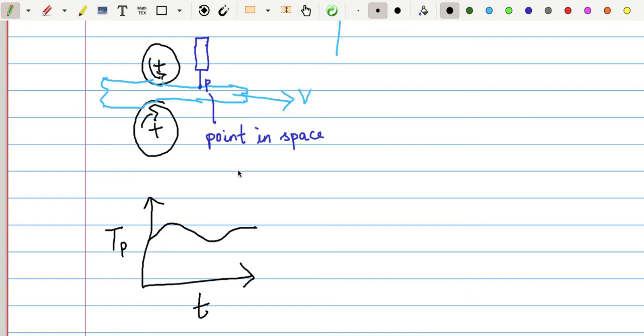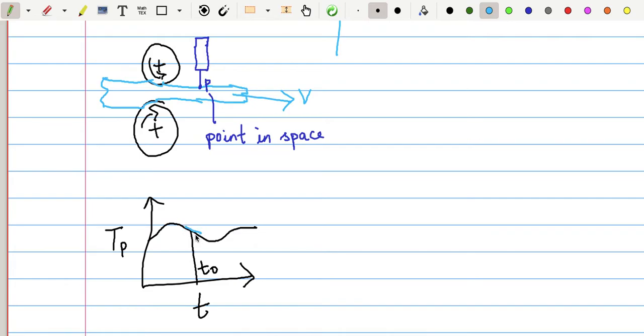Then at any time t naught, what will be my partial derivative of temperature with respect to time?